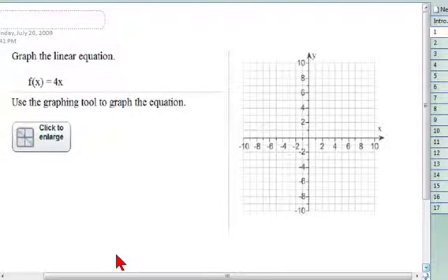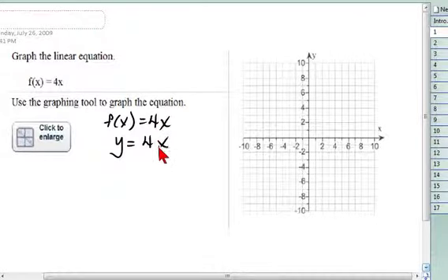It says to graph this. What I want to do is review, or maybe teach you for the first time, about using slope-intercept to graph. The function is f of x is equal to 4x. Now, although it's in function notation, I'm usually going to think of it as y equals 4x.